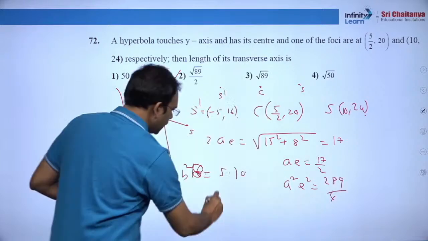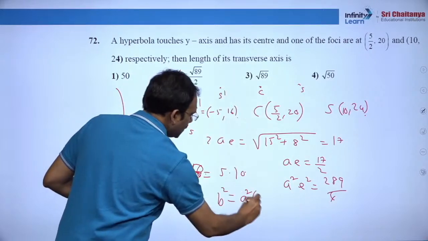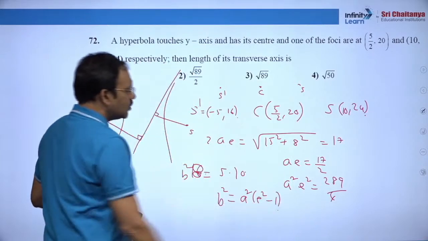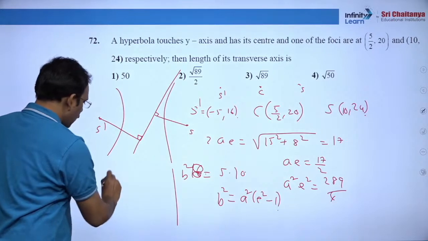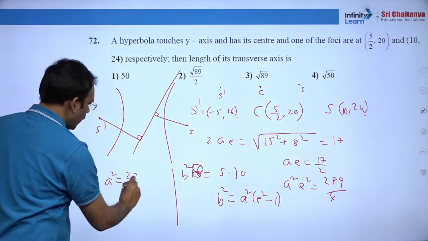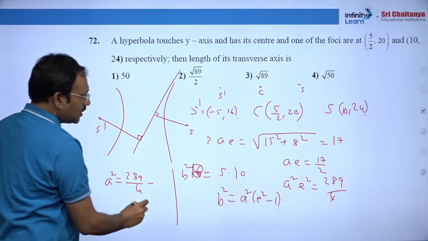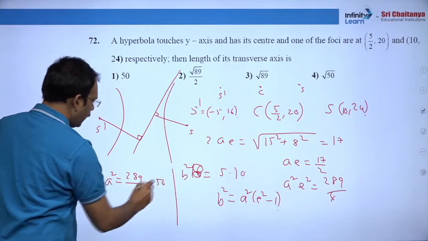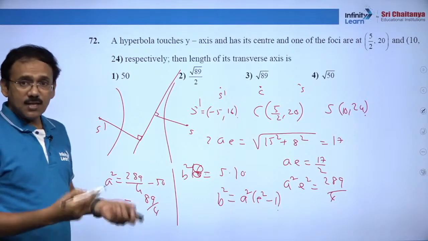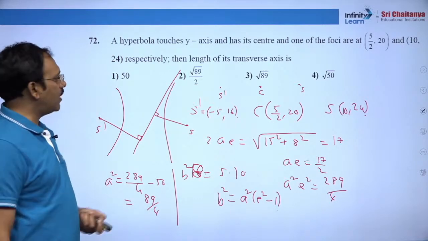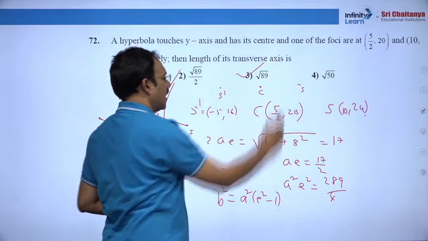You know that b square is equal to a square into e square minus 1, from which you will get the a square value. So, a square e square is 289 by 4, minus b square, which is 50, gives 89 by 4, my dear friends. A is root 89 by 2, 2a is root 89, that is all.